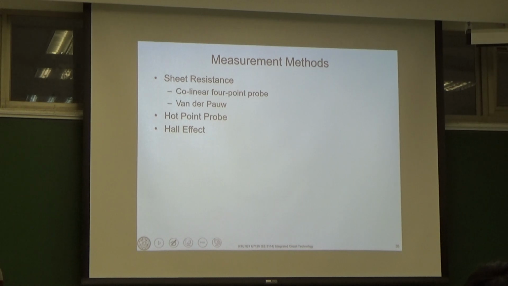Now we get into the second part of the lectures. As I mentioned last time, our lectures can be divided into 3 parts. The first one is to describe the properties. The second part, we will talk about some measurement methods, and the third part, we will talk about some physics or mathematical model behind the process.